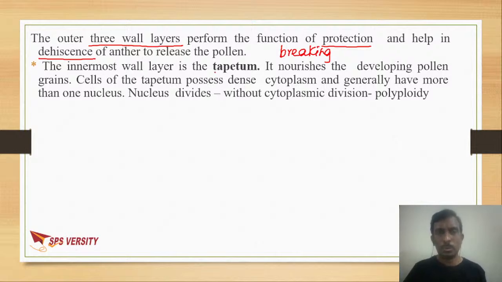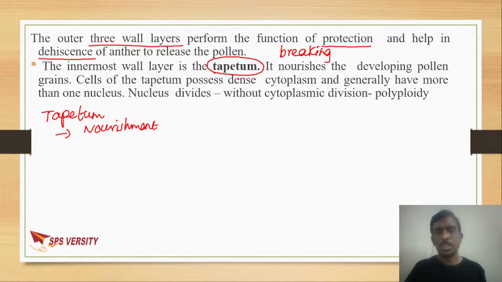And there is an innermost layer, that is tapetum. Tapetum has a unique function. Besides giving protection and dehiscence, it plays an important role in nourishment. Nourishment means giving food to developing pollen grains.